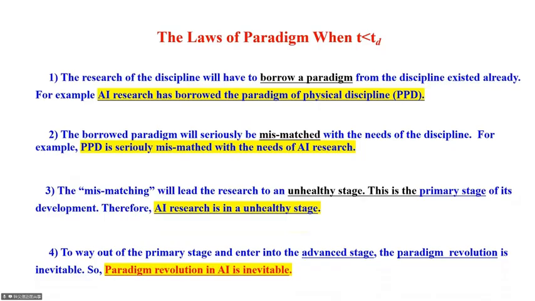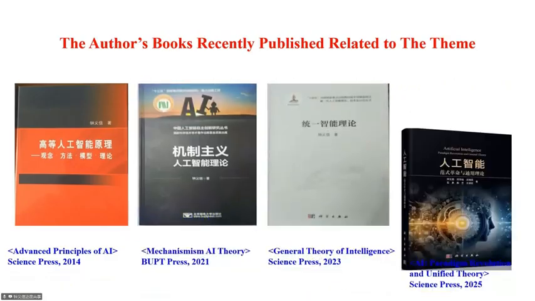In other words, if we look at AI research, because the paradigm is borrowed from the physical discipline paradigm, and the borrowed paradigm is seriously mismatched with the needs of AI research, therefore, if we want to avoid such a situation, then paradigm revolution in AI is inevitable. This is the main idea for my presentation today.